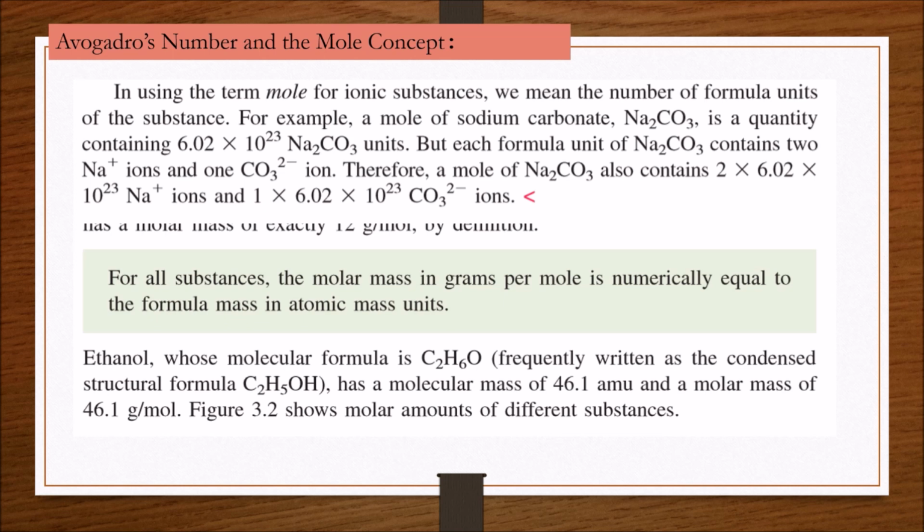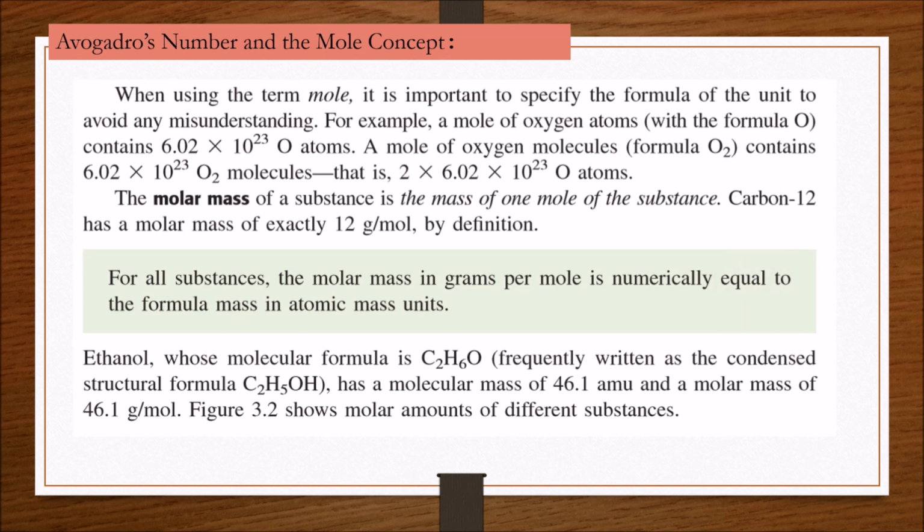Each unit contains 2 sodium ions and 1 carbonate ion. Therefore, a mole of sodium carbonate also contains 2 times 6.02 times 10 to the 23 sodium ions and 1 times 6.02 times 10 to the 23 carbonate ions.